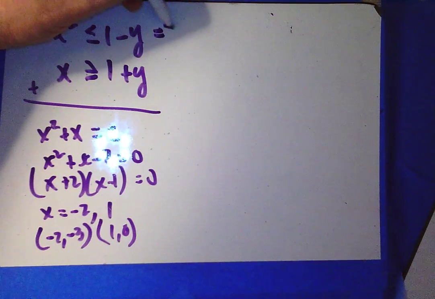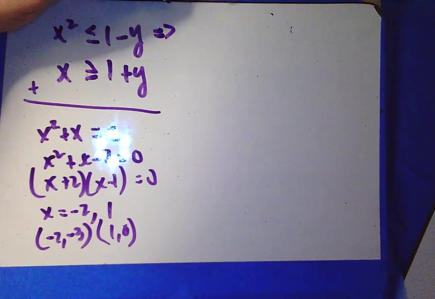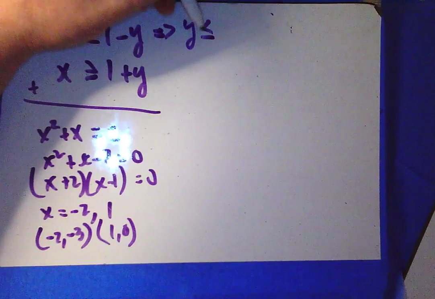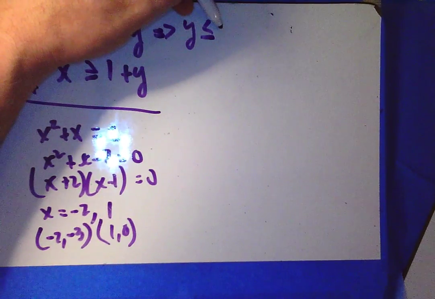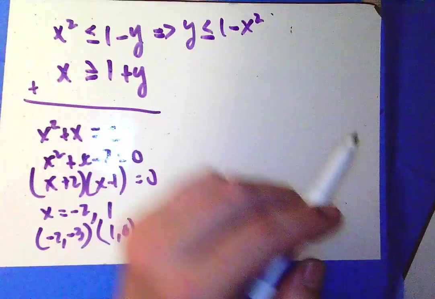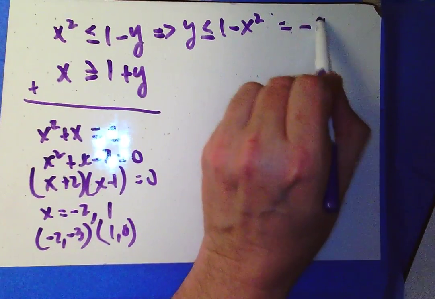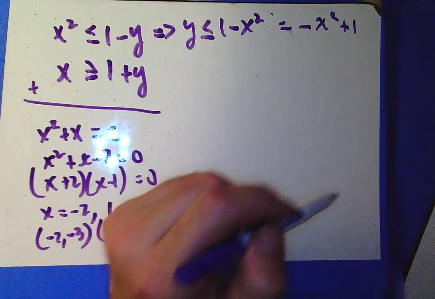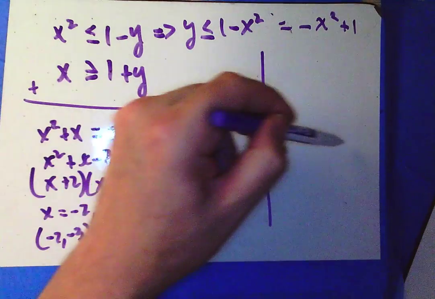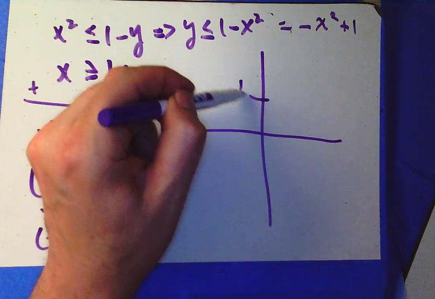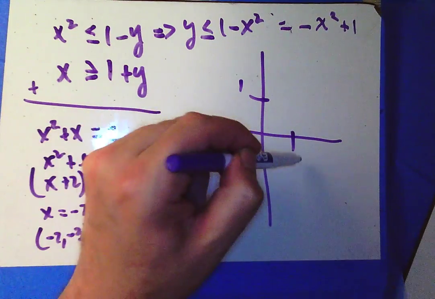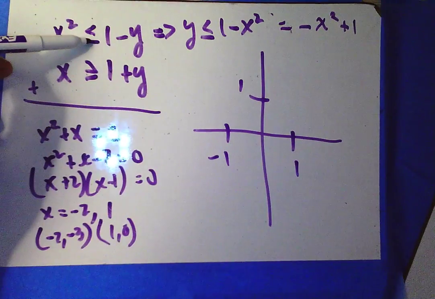Well, if I rewrite the top one so it's in y equals form, I'm going to have y is less than or equal to 1 minus x squared, which is the same, remember, as negative x squared plus 1. Well, that's a downturned parabola, shifted up 1. Solid line.